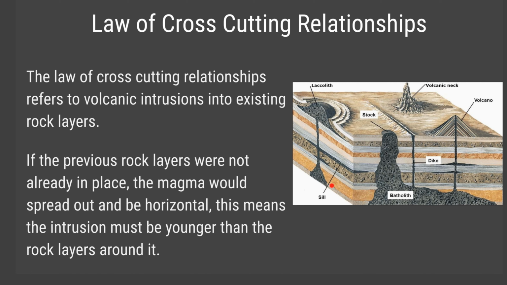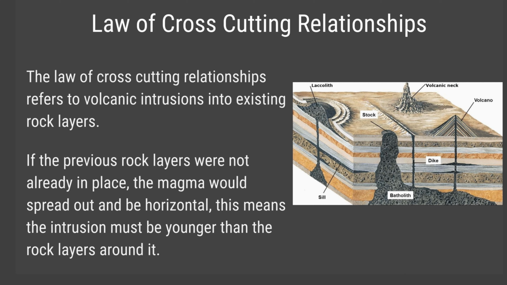So that means we know the layers already existed around this cross-cutting feature before it came in. That tells us that cross-cutting features are younger than the layers that they cut through. So this laccolith is younger than all of the rest of the rock. This batholith is younger than all of the rest of the rocks because they are cutting through the rocks.